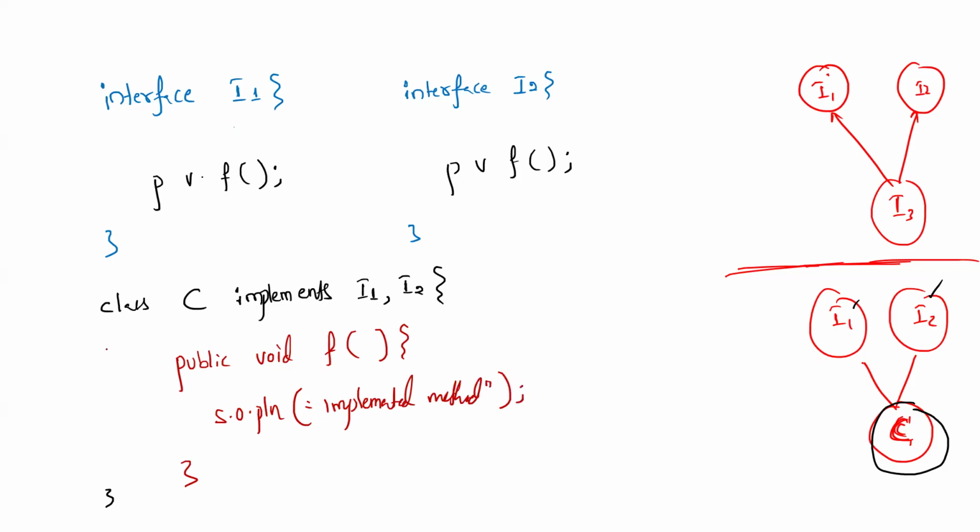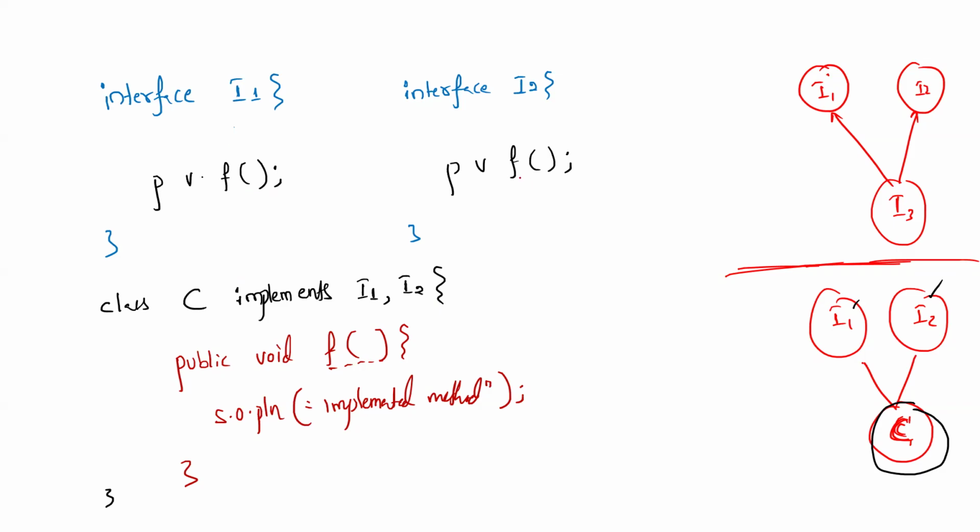Yeah, so this is class C implementing. Now, do we have any problem of whether this is coming from the I1 interface or this is coming from the I2 interface? Is there any problem? So here in interfaces, is any implementation there or no implementation? It's an abstract method. Therefore, no implementation at all. So it means there is no logic for this f in I1.